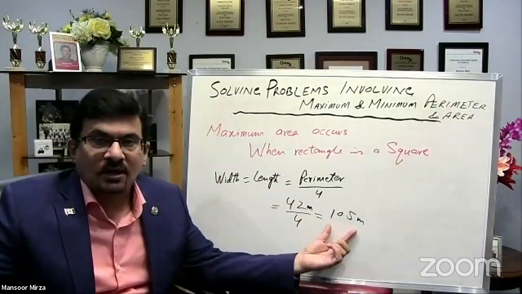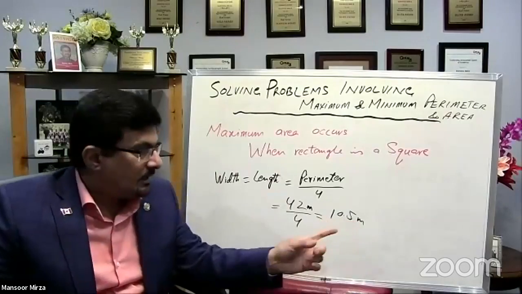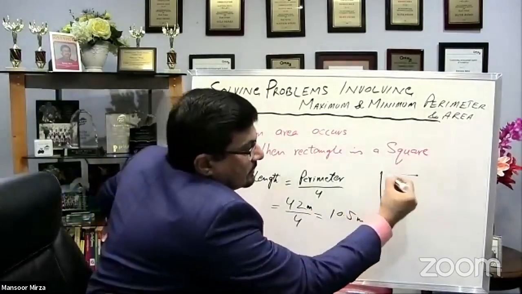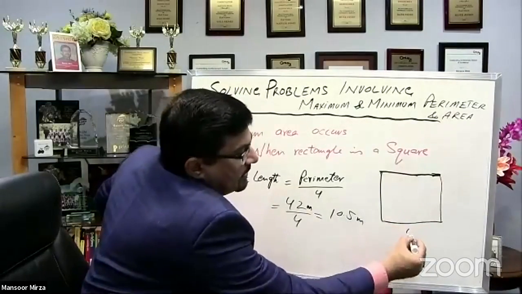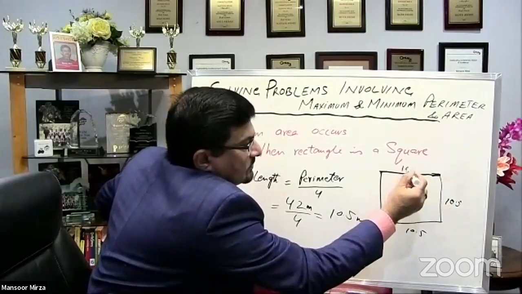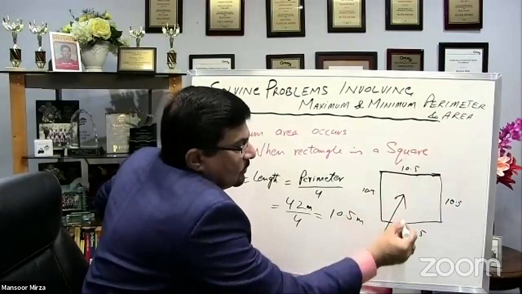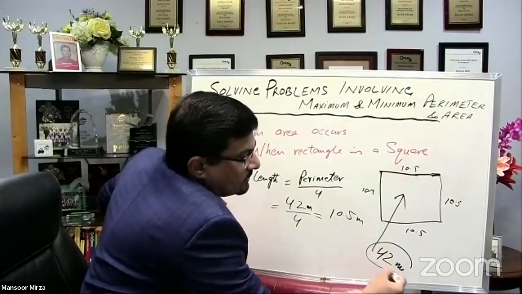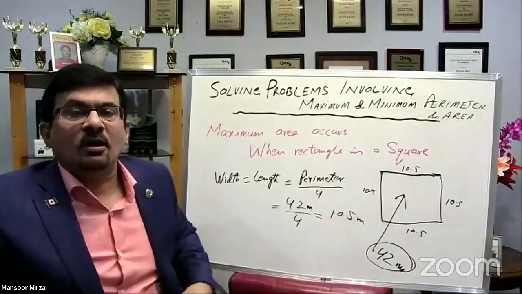He needs to cut the 42 meters into 10.5 meter pieces, and once he has a square shape of 10.5 and 10.5, and this is 10.5 and this is 10.5, the perimeter of 42 meters is used to get the maximum area of the sandbox.